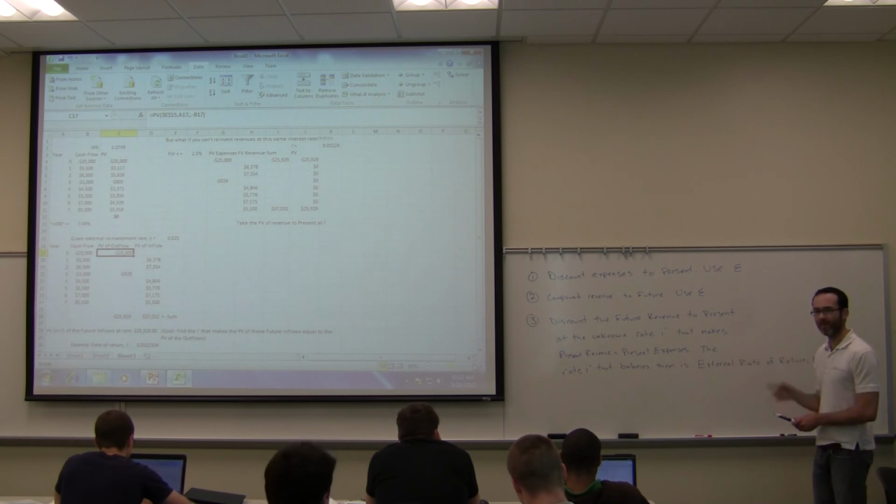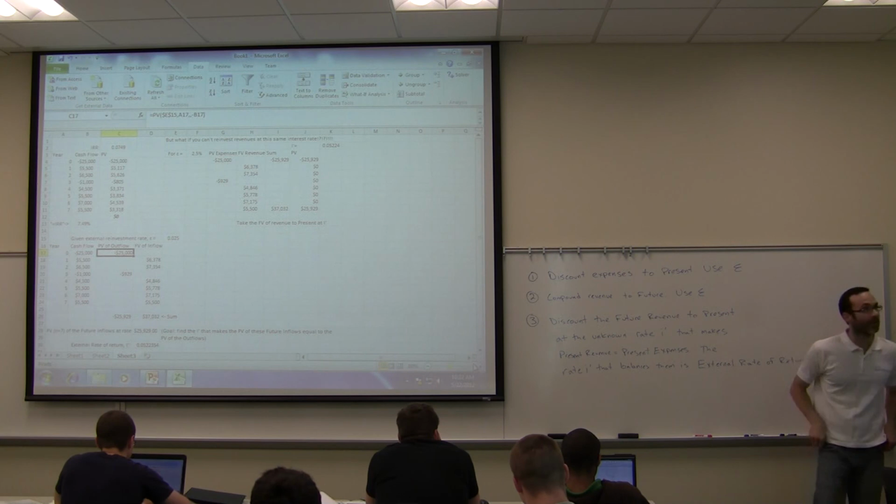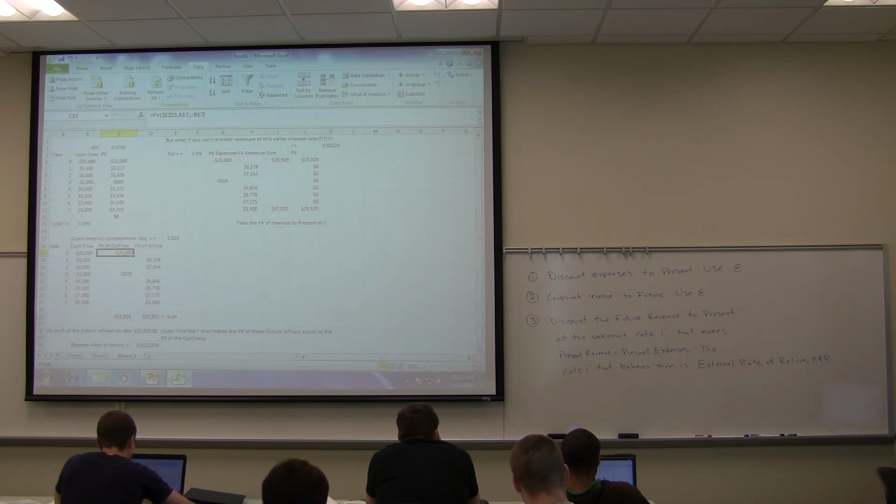Writing down the steps may help you crystallize in your mind what you did on Excel. And after you write down that little steps paragraph, I'm going to go through the spreadsheet and show how we followed it.